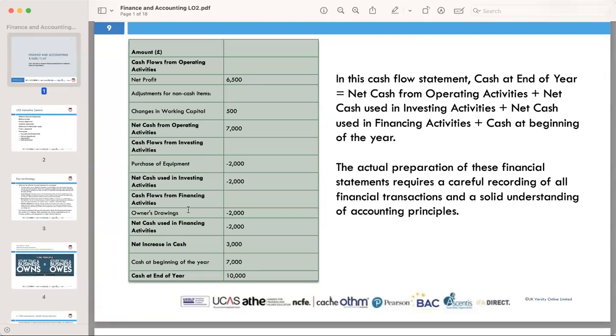In our example, there were owner's drawings amounting to £2,000, resulting in a net cash used in financing activities of £2,000. So according to the provided cash flow statement, the cash at the end of the year amounts to £10,000.